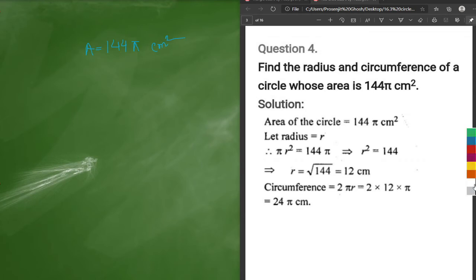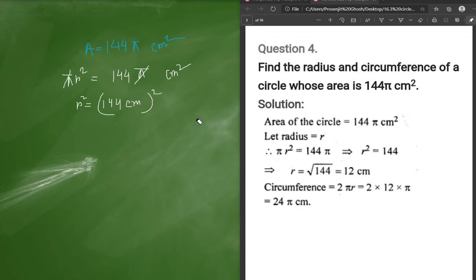So in this case, you need to find the radius. We know that the area is pi r square, so we can put it like that. So pi and pi are going to cancel together. Just r square equal to 144 will remain, and in fact I can also take the unit in whole square.